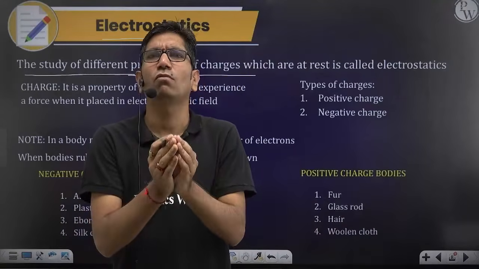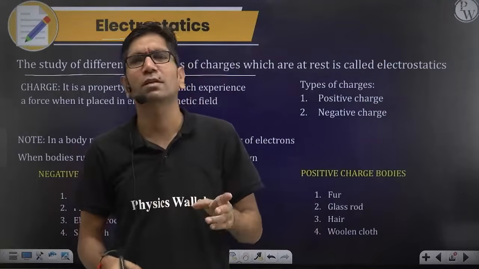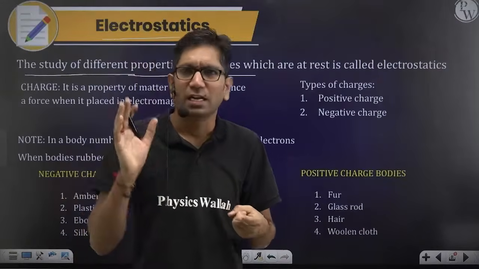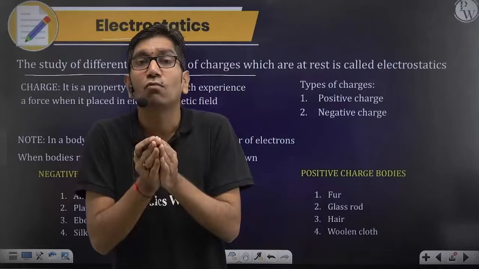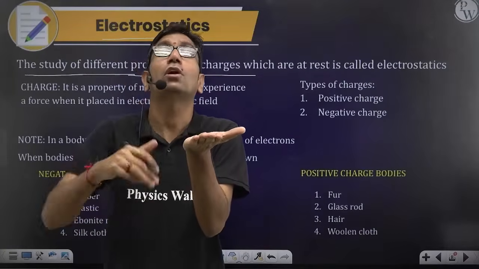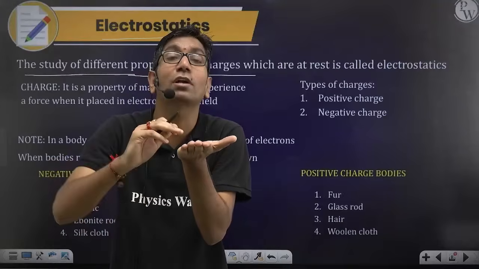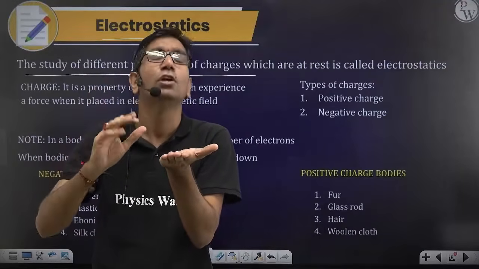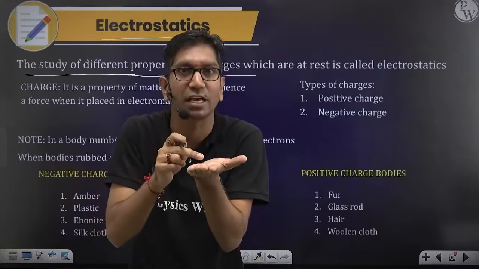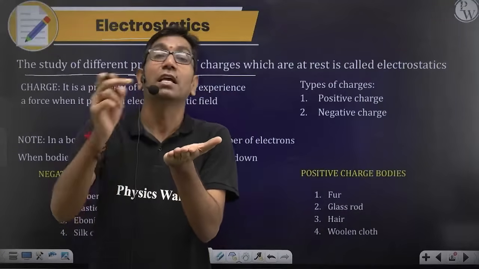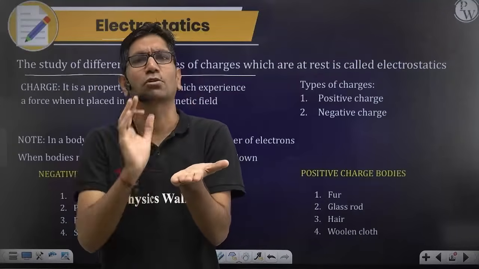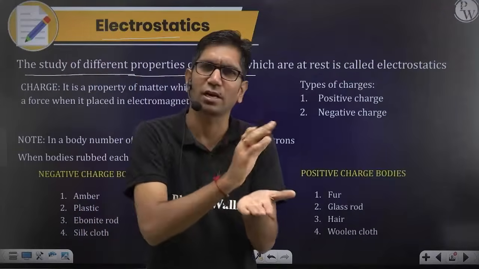We know there are two types of charges, one positive and one negative. When a charge is in rest position, how is it behaving, what is it emitting? We are learning about the different properties of charges in rest position. This study is called electrostatics, beta.